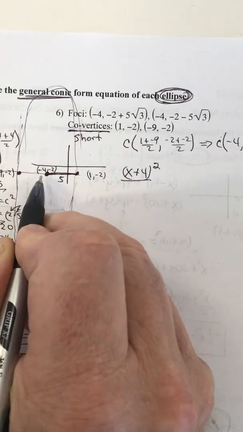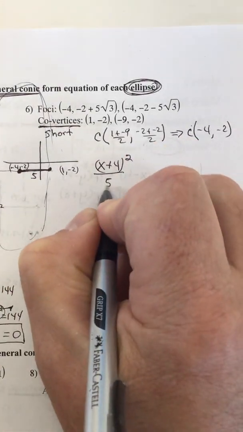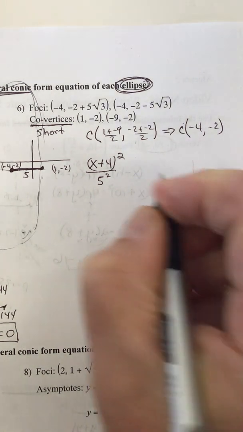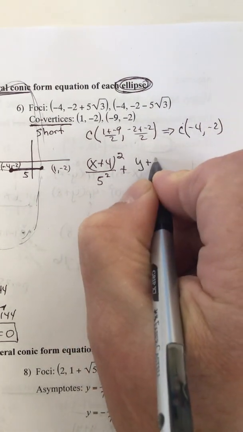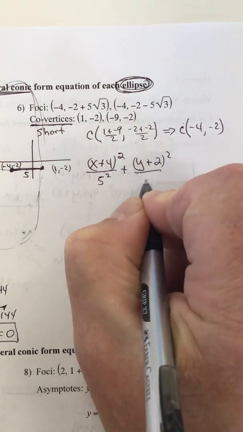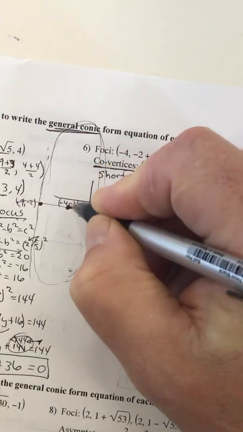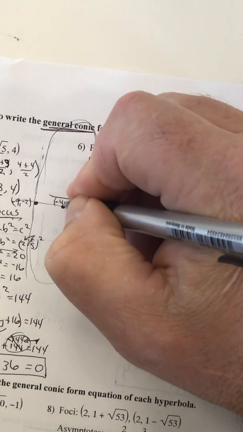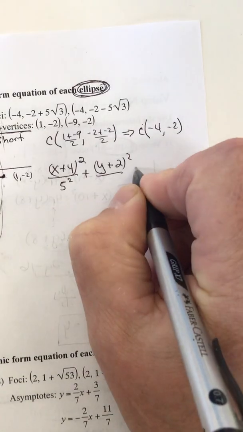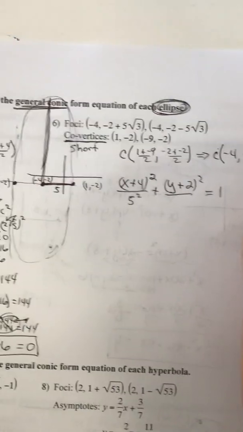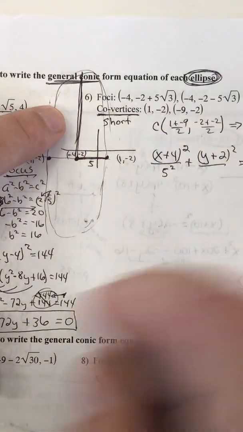The x number is 5, so it's going to be over 5 squared. Plus y minus negative 2, so y plus 2 all squared over whatever it's going to be. That's however tall it's going to be. That's going to be this distance equals 1.